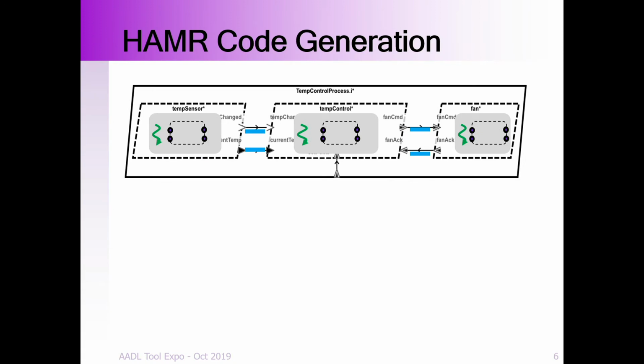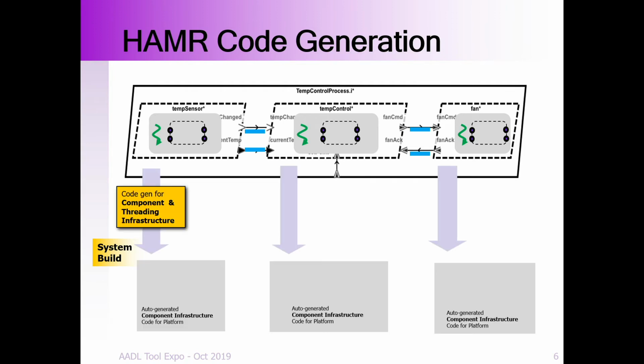So the way that our tool, HAMR, which stands for High Assurance Modeling and Rapid Engineering, works is it leverages this notion of semantics in the sense that when the system build process works, it's going to do code generation for the computational patterns that were chosen in AADL. So for the threading, it's going to generate wrapper code, or you can call it bridge code, that hooks up to the underlying RTOS scheduling mechanism.